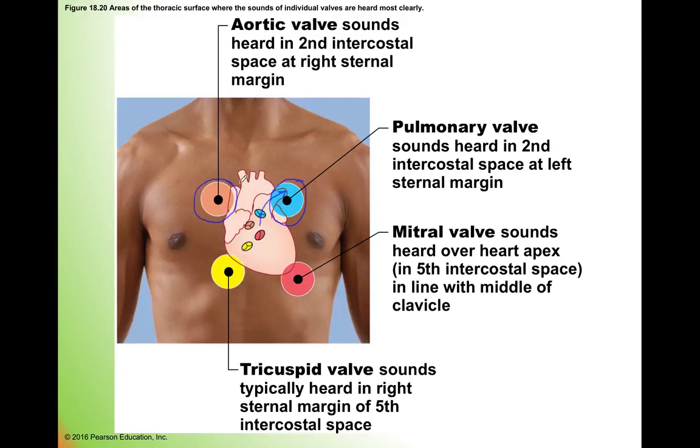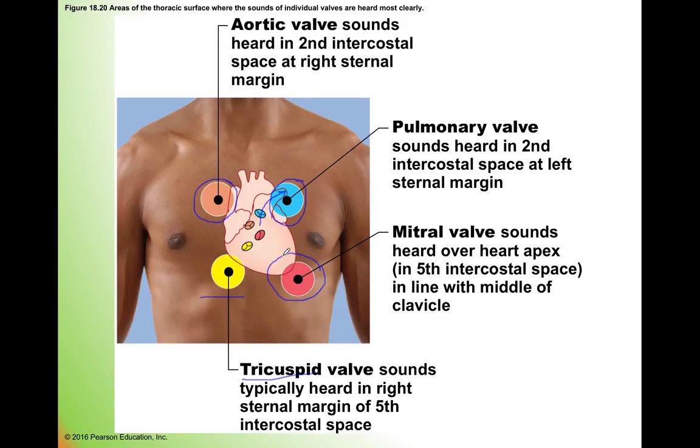Aorta first goes to the right, so the aortic semilunar valve is heard on the right side of the heart. On the inferior aspect of the heart, on the left-hand side, you are going to hear the mitral or the bicuspid valve, and on the right-hand side, on the inferior part of the heart, you're going to hear the tricuspid valve.